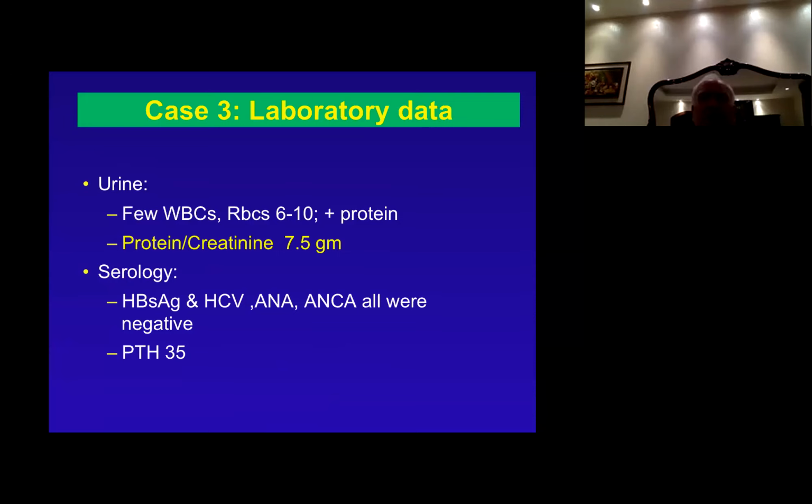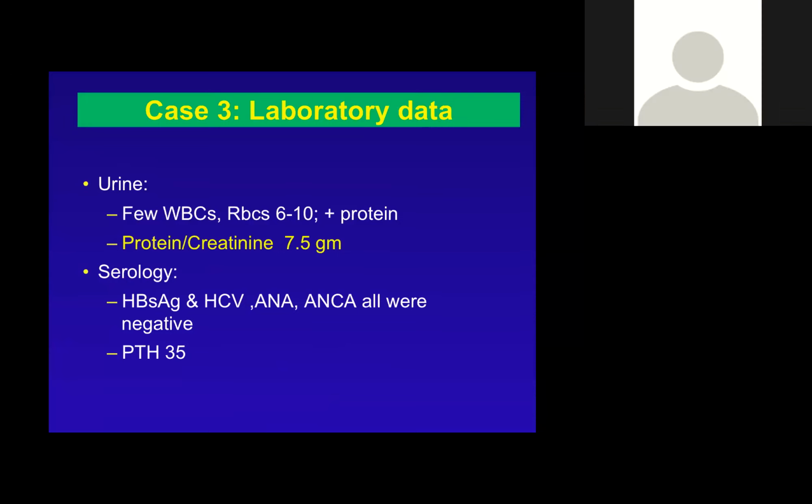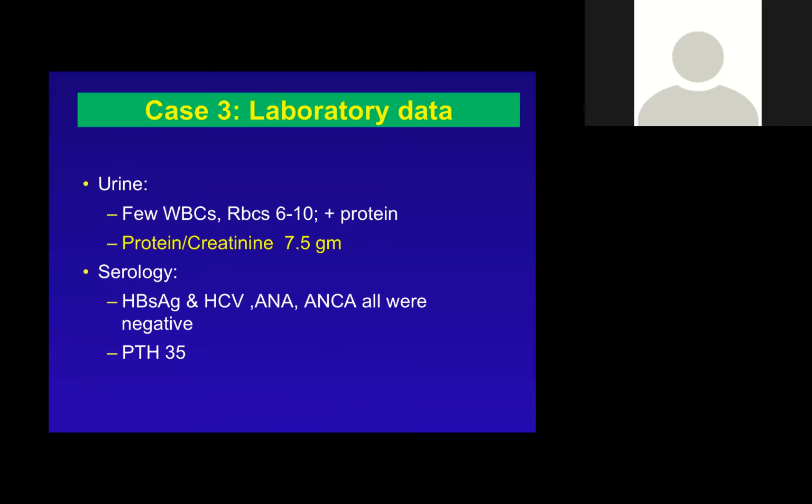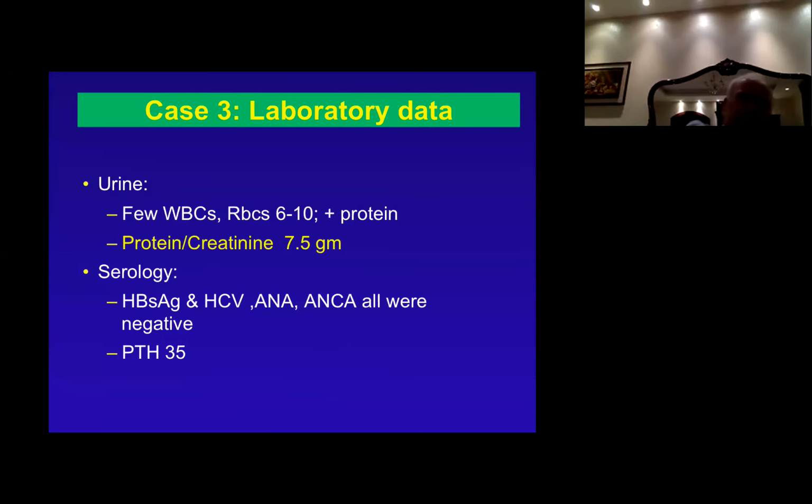Any thoughts from the young chaps? So for all our young fellows, we have a 58-year-old male, severe anemia, chronic back pain, unable to walk, renal impairment, high ESR. Calcium is normal, 9.2, maybe slightly up. Albumin 2.5, and with the proteinuria.